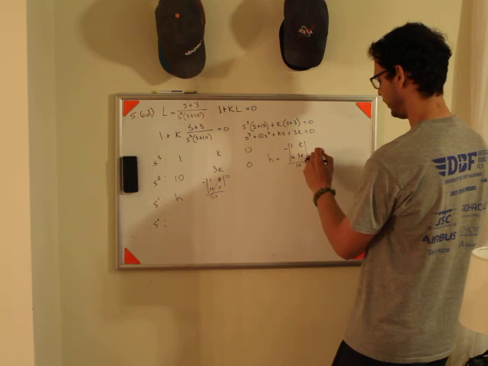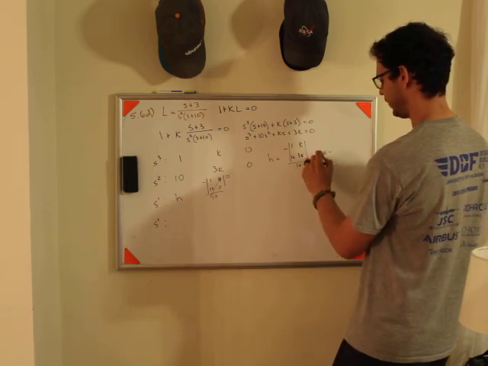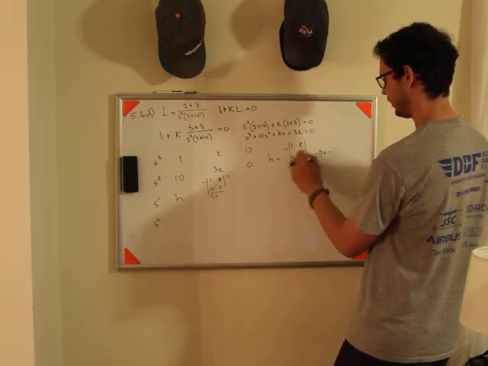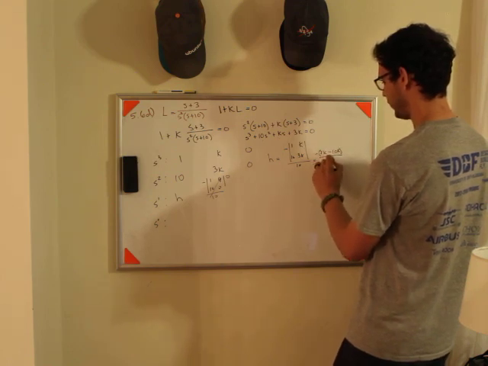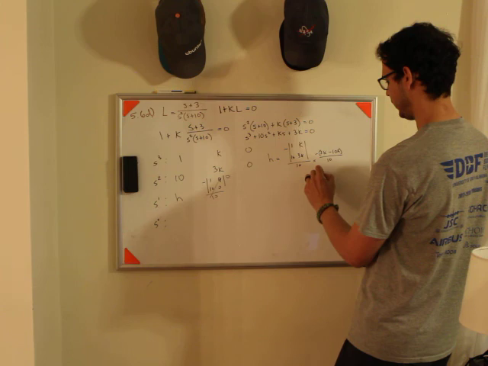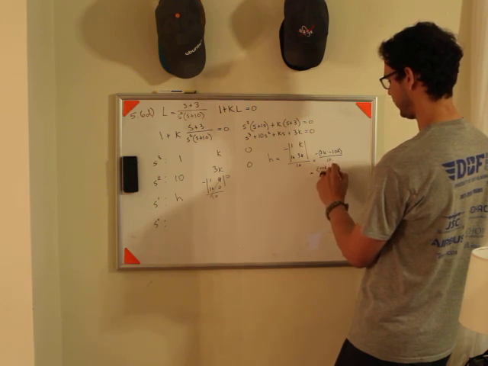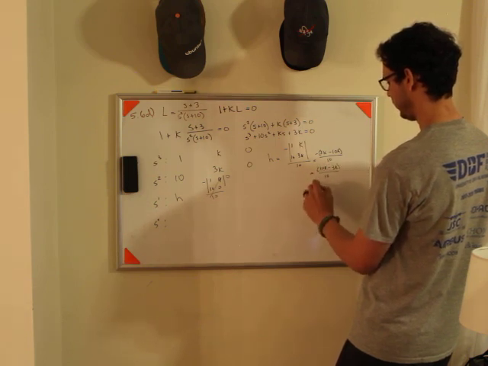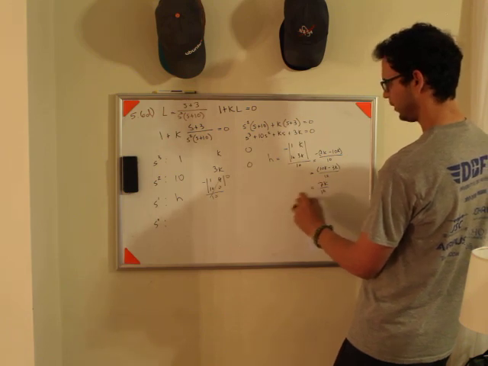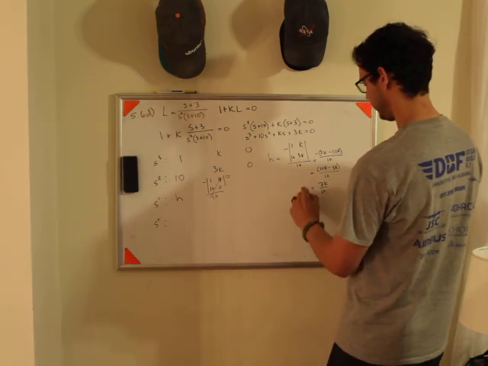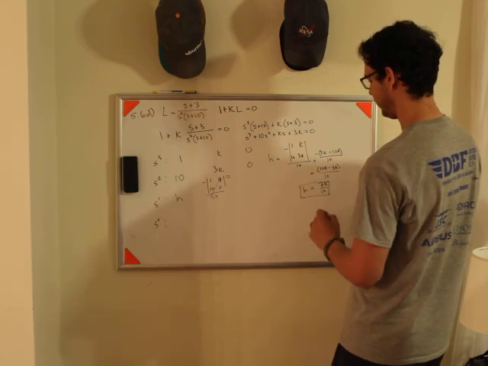And so I'm going to get 3K minus 10K over 10, so that's going to be minus 7K over 10, which is 7K over 10. So H is 7K over 10.